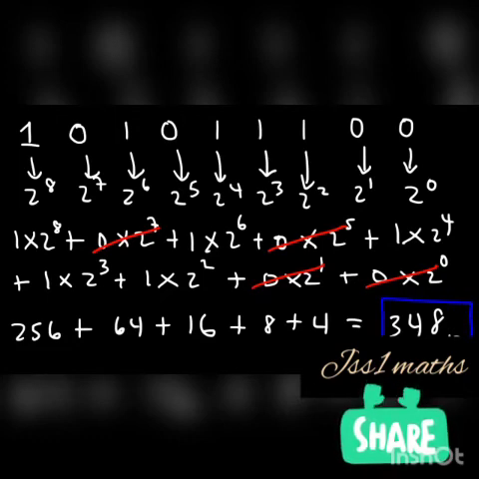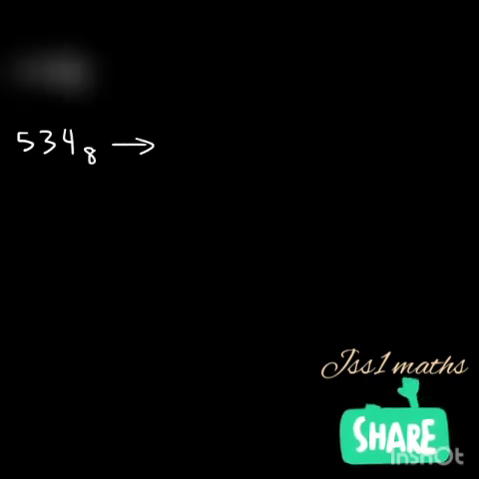And so that's one way in which you can convert a binary number into a decimal number. Now let's talk about how we can convert an octal number into a decimal number using multiplication. So the first number that we see, we're going to multiply it by a power of 8 rather than a power of 2 in the case of binary numbers.